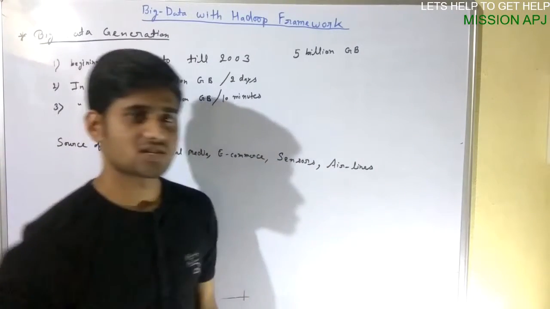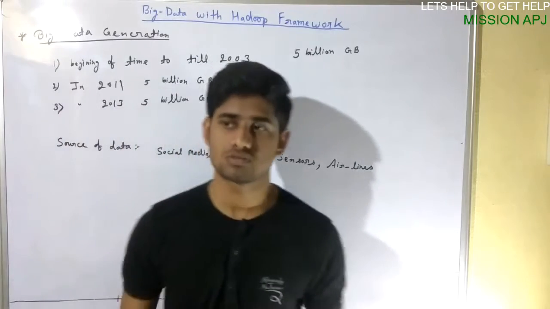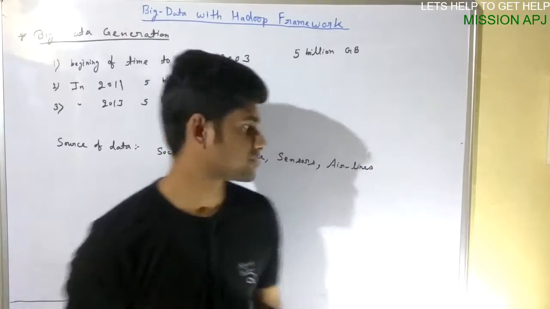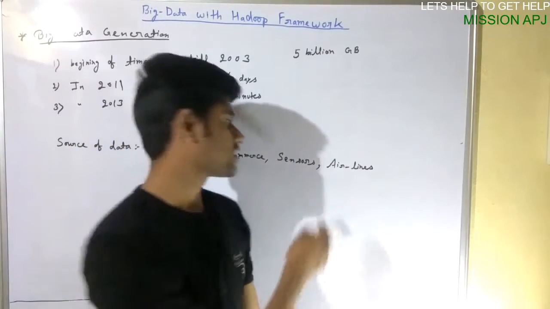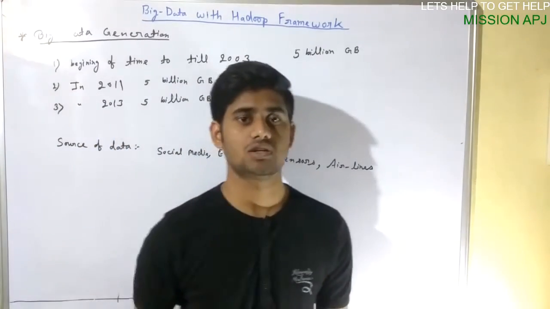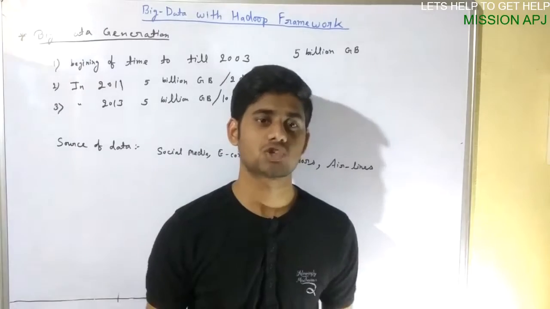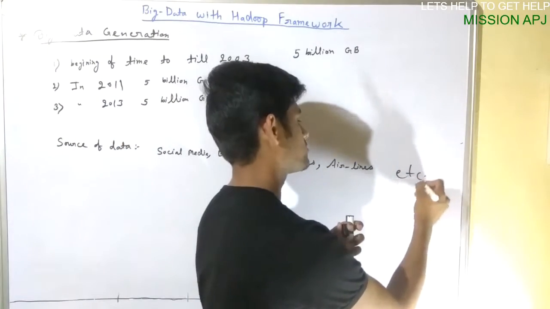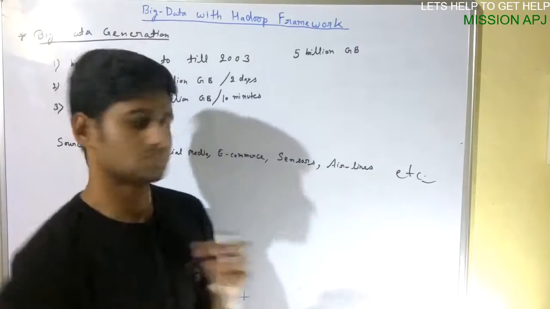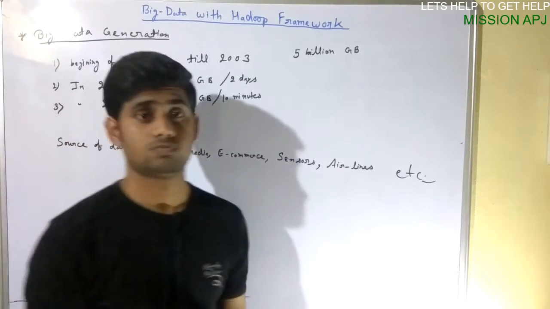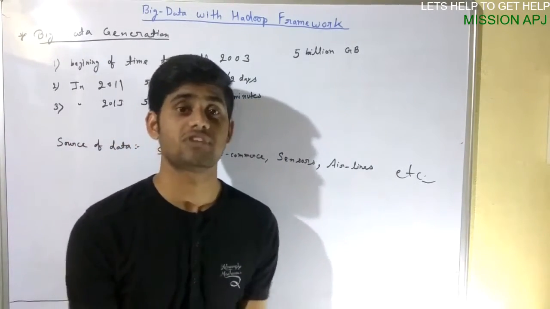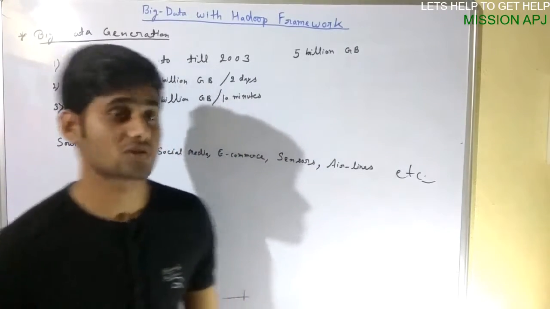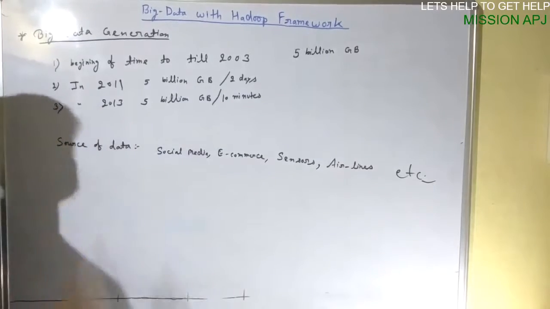Then sensors, lots of sensors we use for capturing data, also store lots of data. Airlines create huge data too. And YouTube is also generating huge data, because it's video, so of course it's very big data. These are the sources of data.